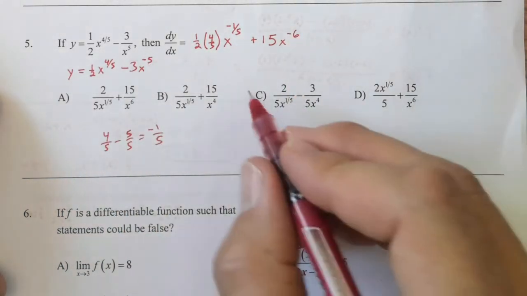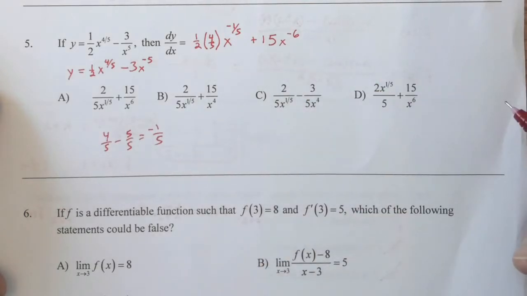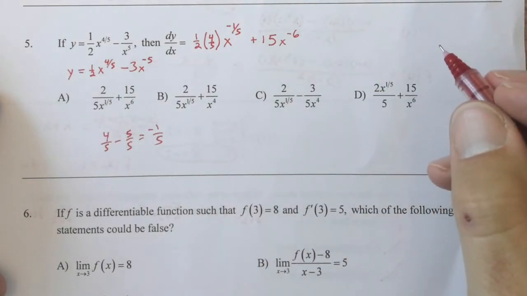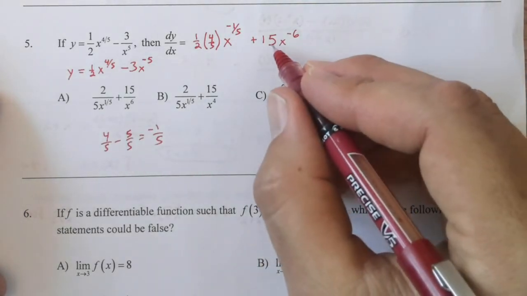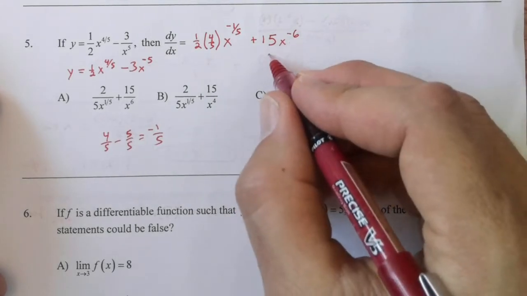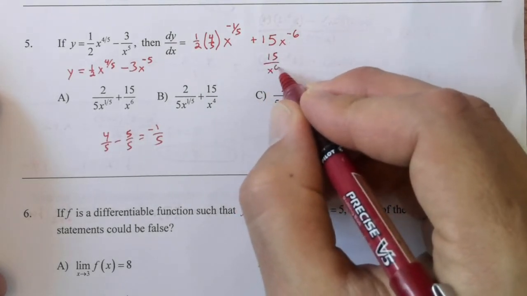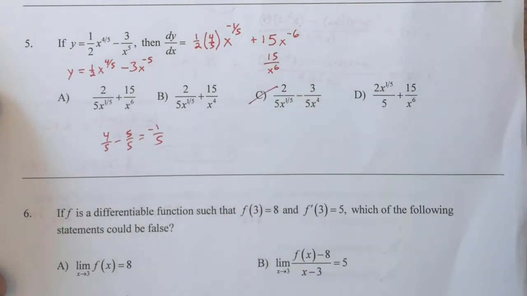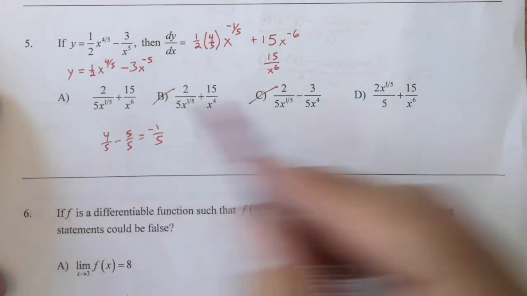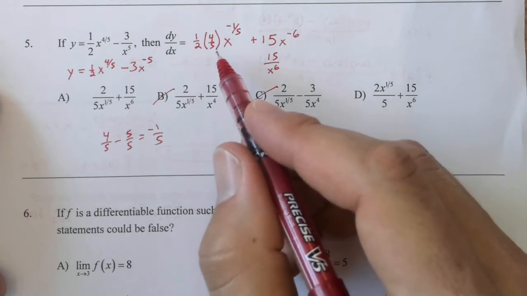Now we have to match up our 4 answers with what we've written right here. We can eliminate a lot right away because we see 15x to the negative 6, which we know is 15 over x to the positive 6, which eliminates C and it eliminates B. So our answer is either going to be A or D. We have to look at our first term.